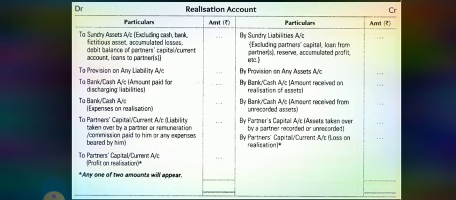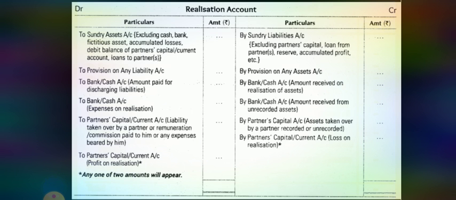Second, debit side, bank or cash account is again given, and that is for expenses on realization. If any expenses are made on realization, that would also be mentioned at the debit side of the realization account with the name bank account or cash account.